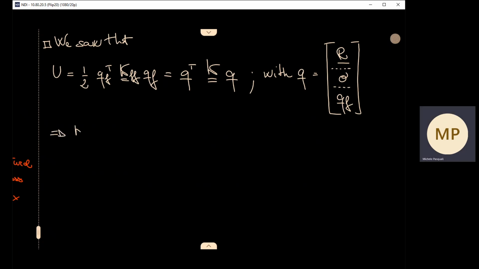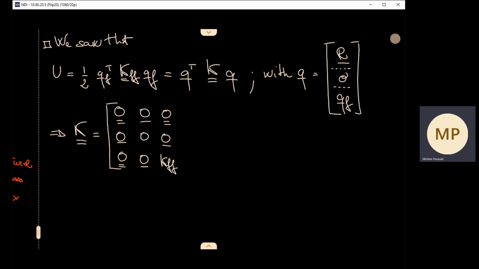And therefore, our K is just this. So this is our stiffness matrix.